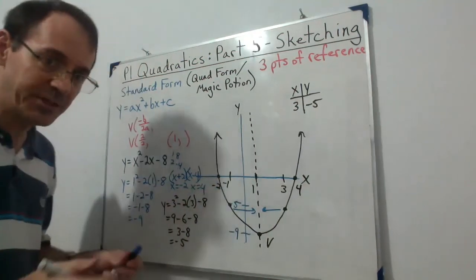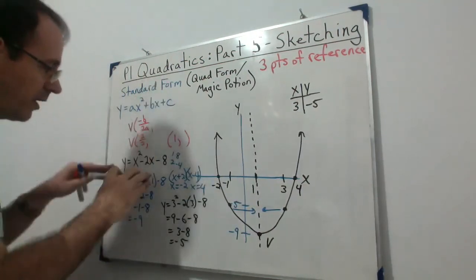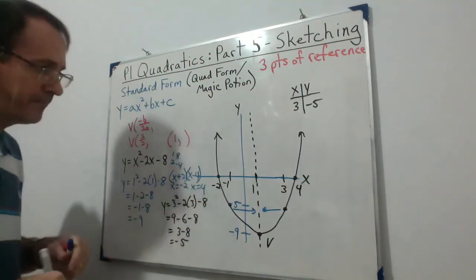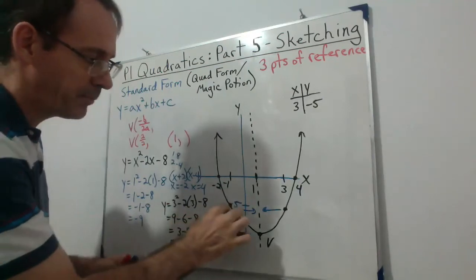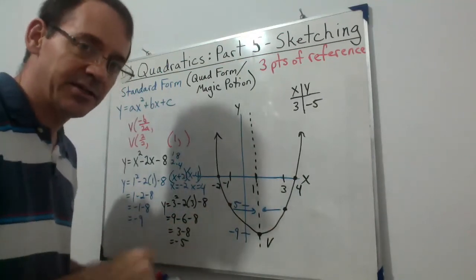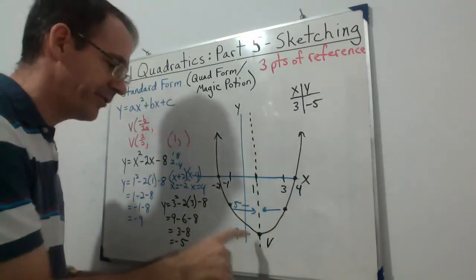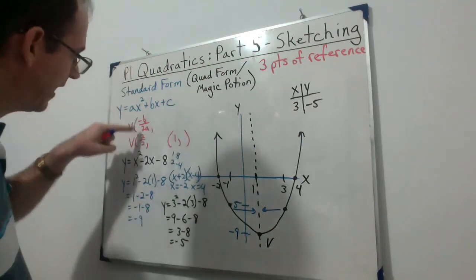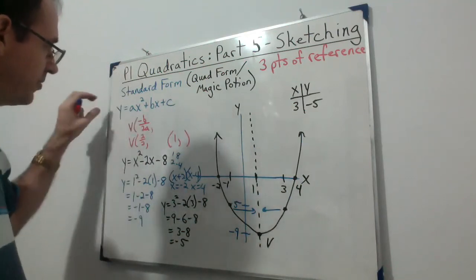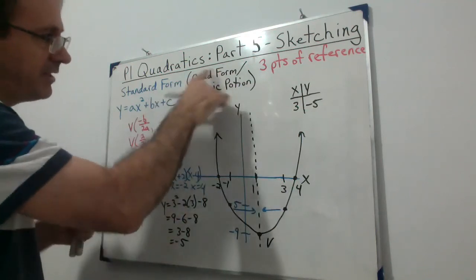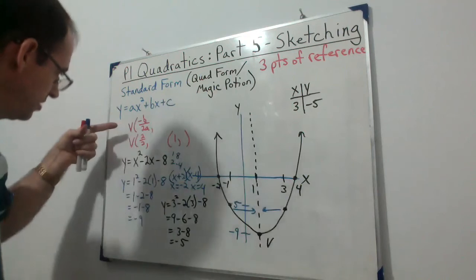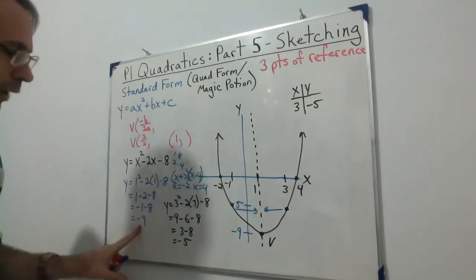That's always an option to go from standard form into your intercept form, or do something like this where you plot one point and use the symmetry to find the other point. But the vertex is what's important, and you can find the x-coordinate of your vertex from the standard form, and we get that from either one of these two, quadratic formula or magic potion. Plug it in to find the y value.